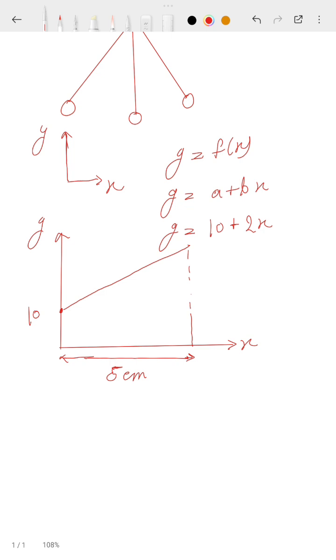we can make it more also. Let's imagine a hypothetical case. Now let's say 5 centimeter.